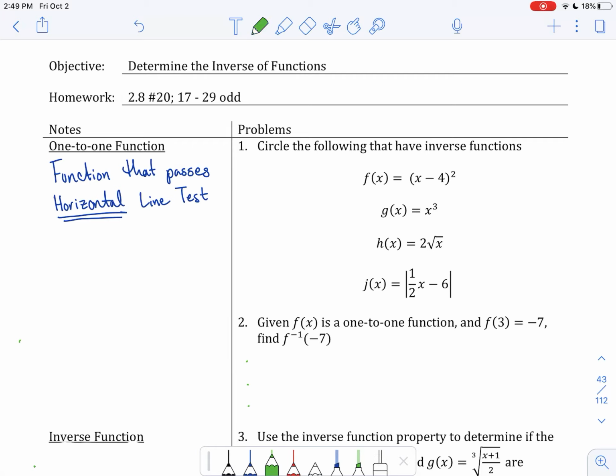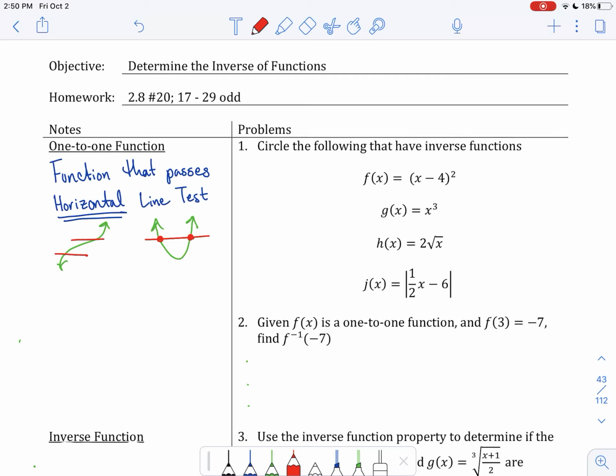So a function that passes the horizontal line test would maybe look like this, where every time you draw a horizontal line through it, just like the vertical line test, it only crosses once. Now, a lot of graphs that we have been talking about don't pass the horizontal line test, such as here, where we see it crosses twice. So this one would fail the horizontal line test.